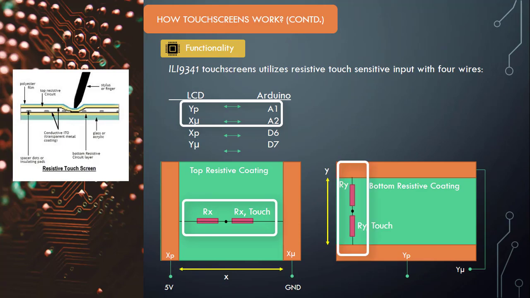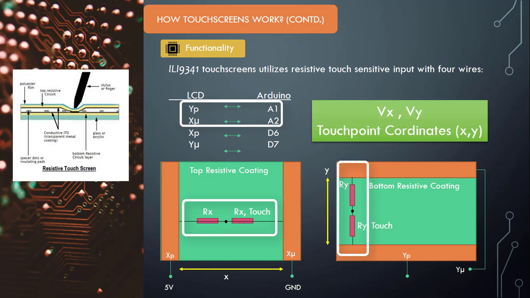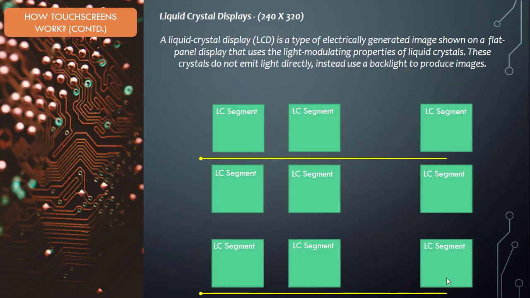The same strategy can then be applied to determine the Y point. This ultimately gives us a touch point with X and Y coordinates, which tells us the exact point of contact.